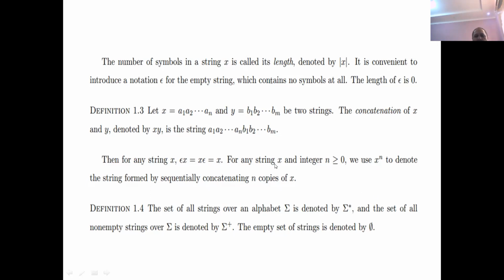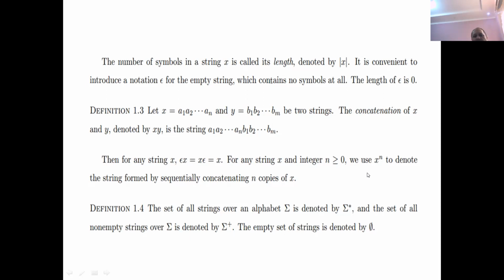For any string x and integer n, we use x to the degree n to denote the string formed by sequentially concatenating n copies of x.